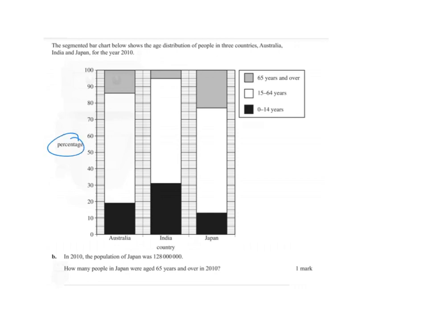So we've still got percentage here. How many people in Japan were aged 65 years or over in Japan? So going to Japan and 65. But we've got to be careful. Why do we have to be careful? Because this says how many and this is a percentage.